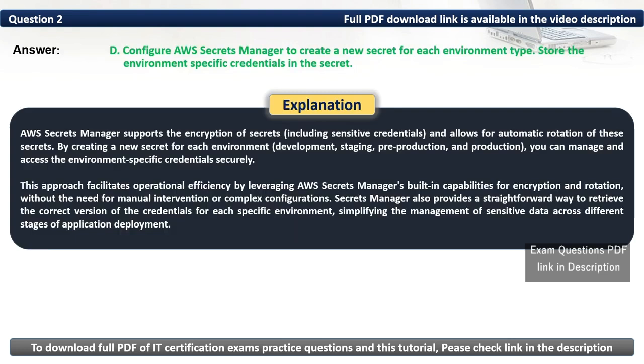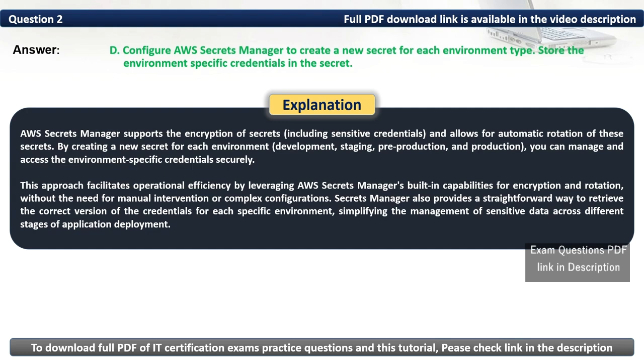AWS Secrets Manager supports the encryption of secrets and allows for automatic rotation of these secrets. By creating a new secret for each environment, you can manage and access the environment specific credentials securely. This approach facilitates operational efficiency by leveraging AWS Secrets Manager built-in capabilities for encryption and rotation without the need for manual intervention or complex configurations.